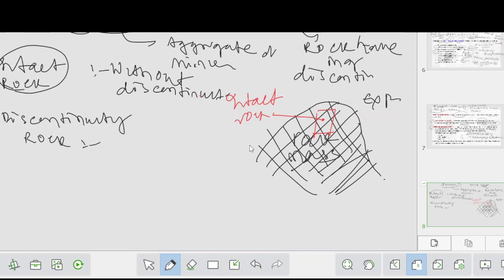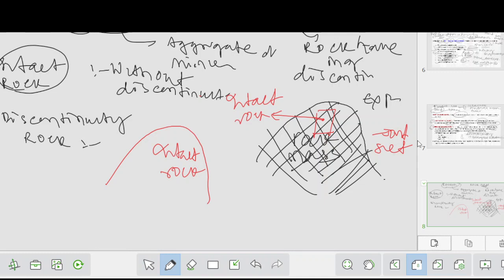Suppose you have gone to a metamorphic terrain, suppose there is no discontinuity here, then it is also called intact rock. And also if you are getting a sample in a discontinuity area, where there are a lot of joint sets in this part, and in between joints you get some rock sample, that is also called intact rock. Are you getting my point or any doubt?